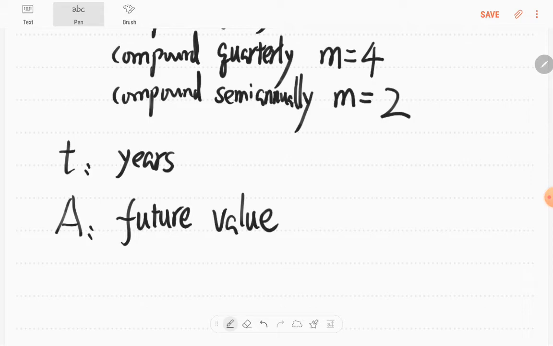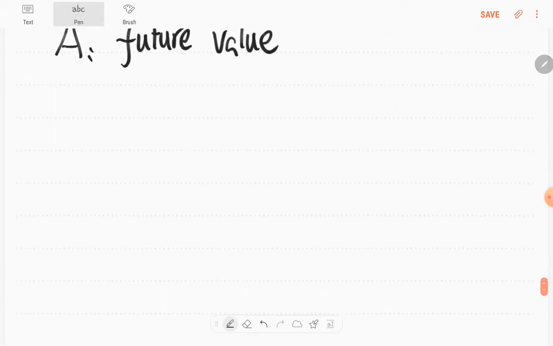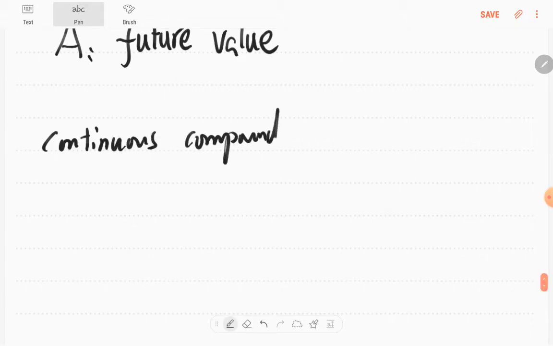We have another formula which is called continuous compound interest.